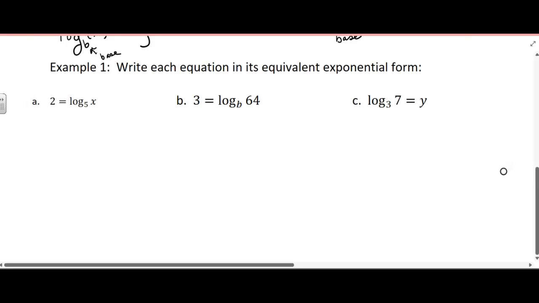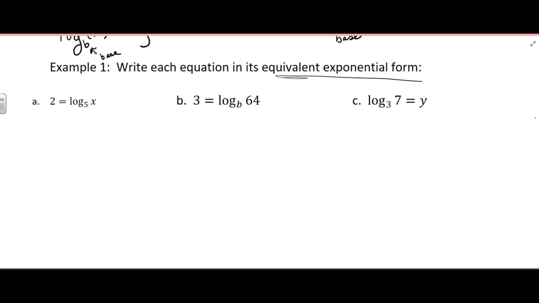One of the things we have to be able to do is go between the two forms. It says write each equation in its equivalent exponential form. So they're going to give us the logarithm, and we're going to write it as an exponent. So if I have log base b of x equaling y, then I write that as b to the y equals x.